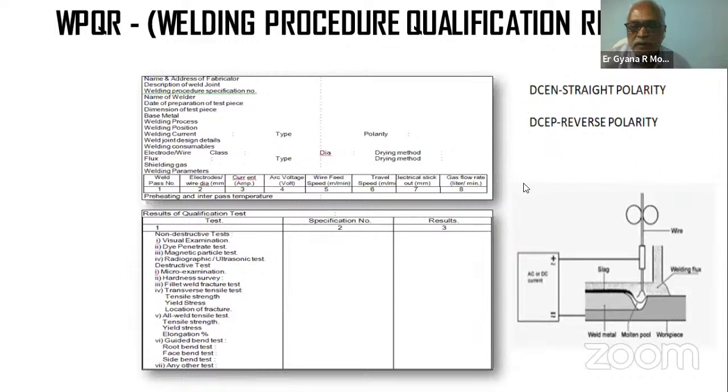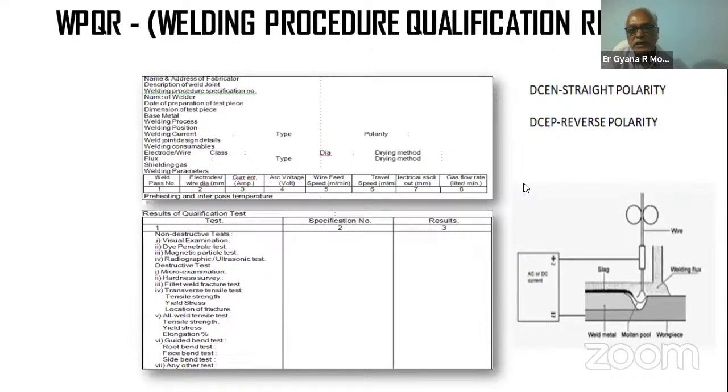Sometimes what happens, suppose we have to weld a particular I-beam, and by mistake the welder connects the negative. Normally the concept is that the negative is called the electrode, and the job is supposed to be positive.